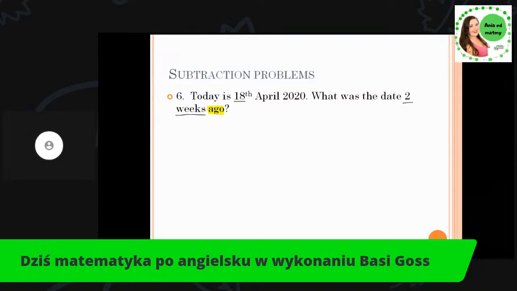2 weeks ago. Yes, so 2 weeks is 14 days. And because it says ago, we're not going to go forward, we're going to go back.